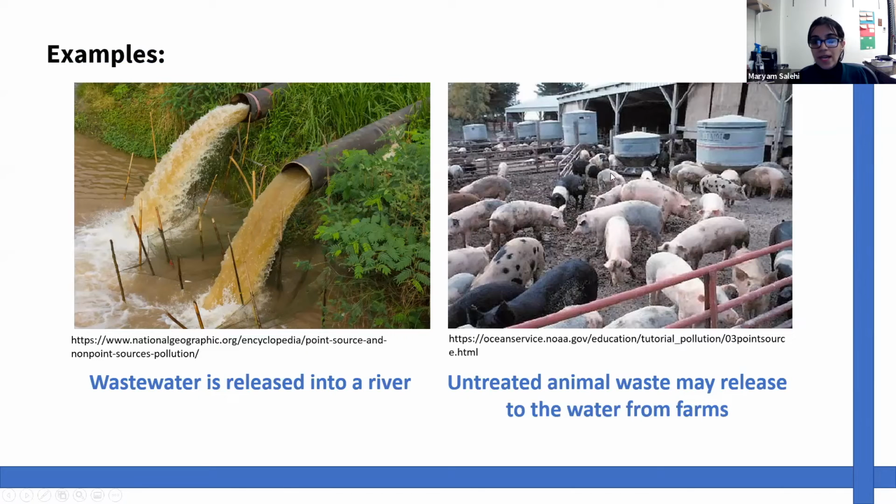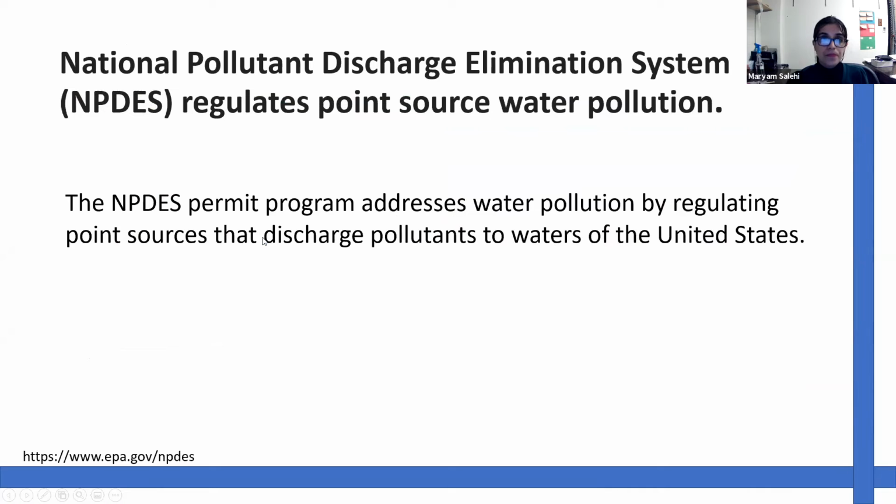Or here we have the untreated animal waste that could be released from a farm. So when we have rain, some of the nutrients and pathogens that are present in the animal waste could be washed off into the stormwater. Both of them are considered point source pollution.